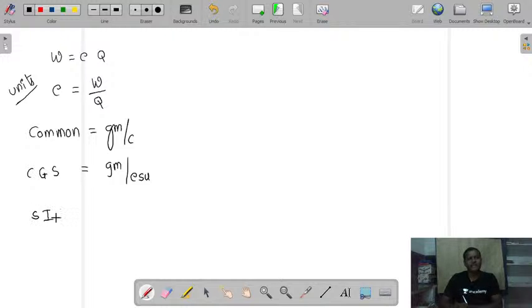So what are the CGS units of electrochemical equivalent? Gram per coulomb. In SI system, weight is expressed in kilograms, charge is expressed in coulombs. So what is the SI unit of electrochemical equivalent? Kg per coulomb.